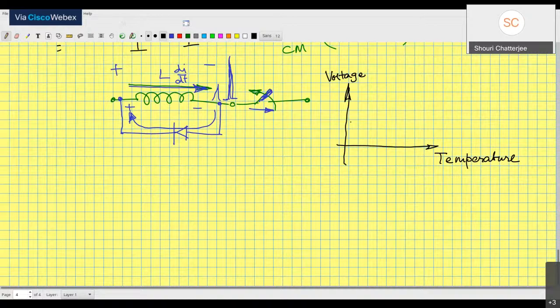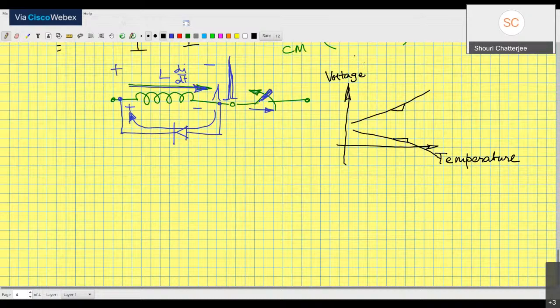One path is going to produce a voltage which goes up with temperature. Another path will produce a voltage which goes down with temperature. Then you have to adjust these slopes such that they are negative of each other, and add them.